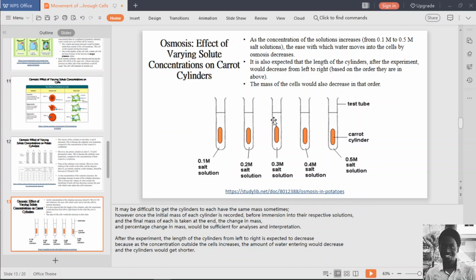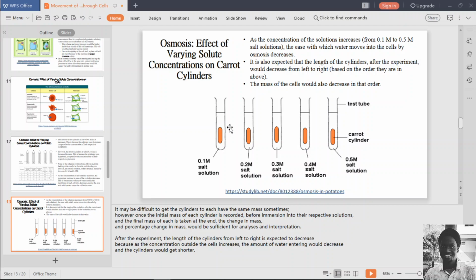Now, it is also expected that the length of the cylinders after the experiment would decrease from left to right, because this cylinder here would lose the most water. And because it is losing the most water, at the end of the experiment it is expected to be the shortest. This one here is gaining the most water, so at the end of the experiment, it should be the tallest. So you should have this gradient of height from tallest to shortest after the experiment.